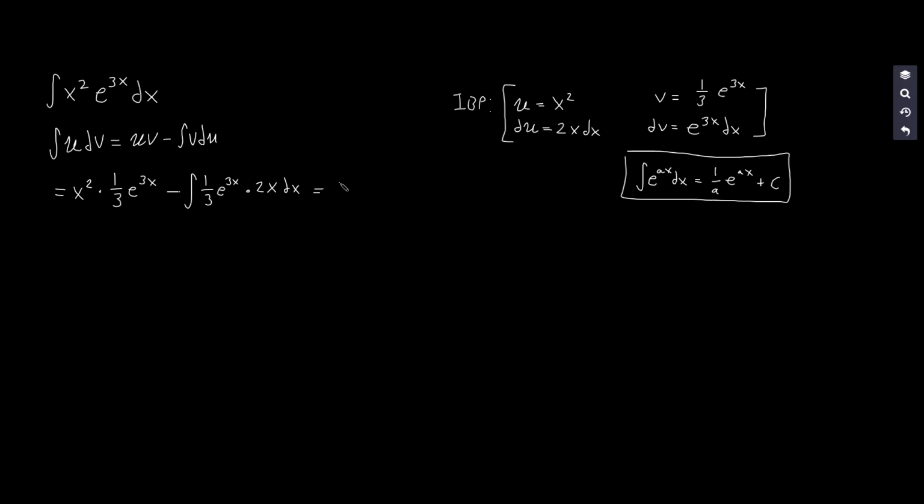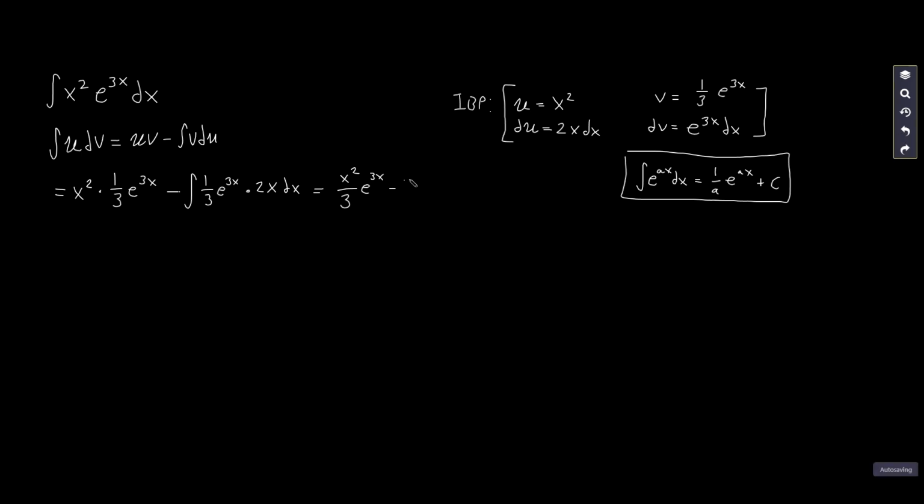And then that's going to become x squared over 3 times e raised to the power of 3 times x, minus. I'm going to factor out that 2 and the 1/3.